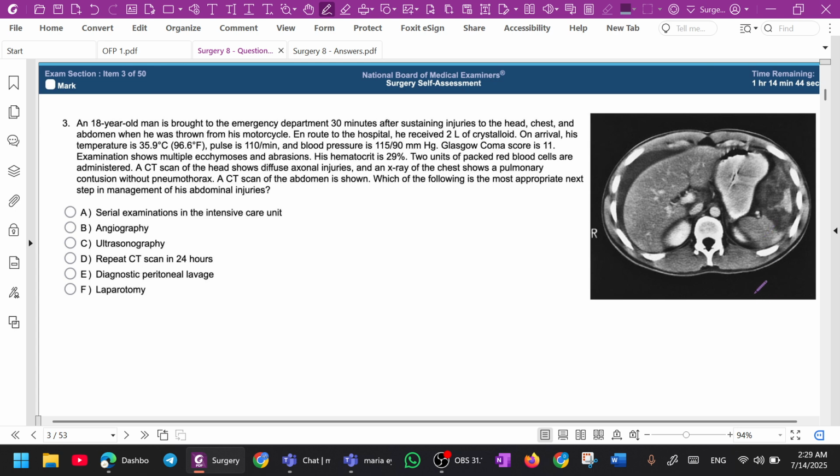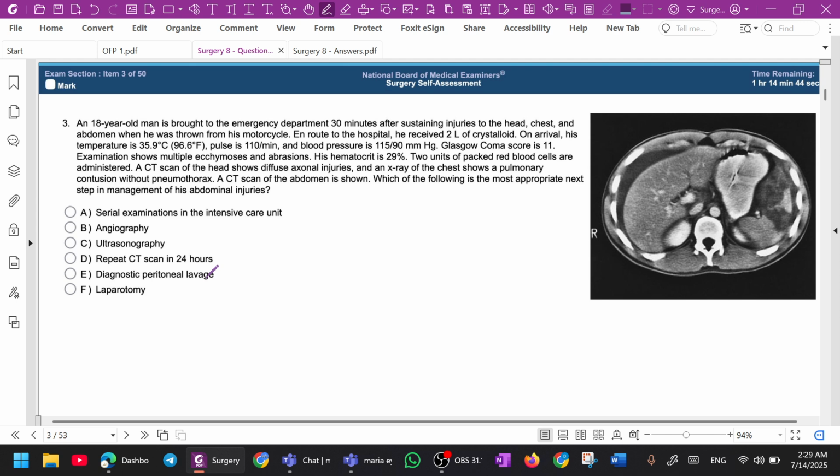On the left side there is fluid accumulation. I don't know actually. This is not a good question. So this is the liver, and this will be the spleen. I don't know if this is something that matters. I feel like it's something.